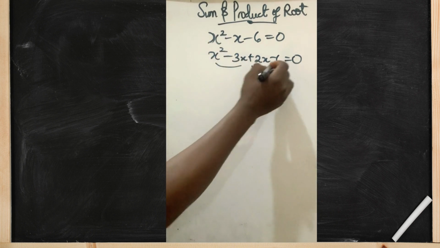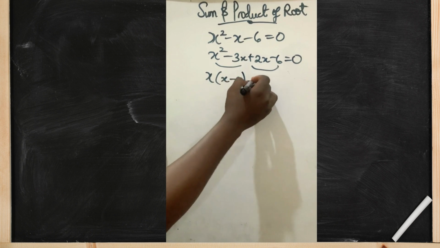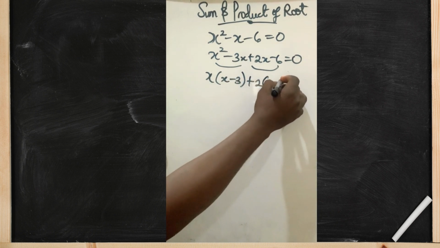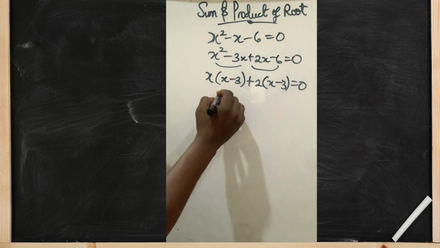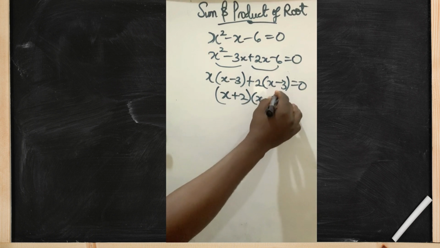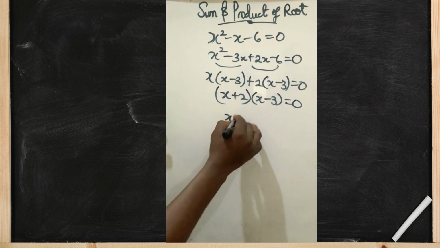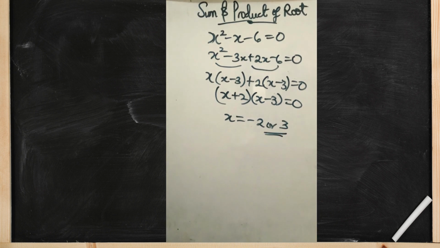So by the time you find the common factor here, you have x minus 3, plus 2, x minus 3 equals 0, right? So with this, you can easily have x plus 2, x minus 3 equals 0, then x equals minus 2 or 3, right?